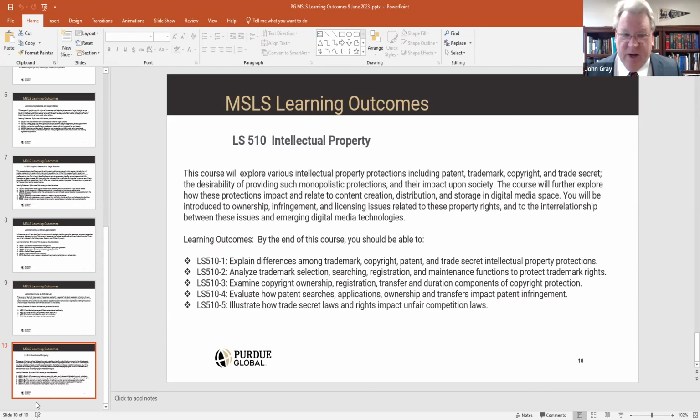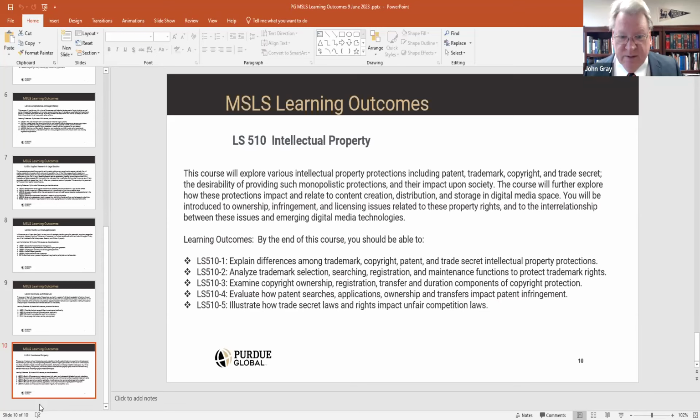So after LS 510, you should be able to clearly differentiate between trademarks, copyrights, patents, and trade secrets in our intellectual property system. You'll analyze trademark selection, searching, registration, and maintenance functions to protect trademark rights. You'll look at copyright ownership, registration, transfer, and the duration of copyright protection.